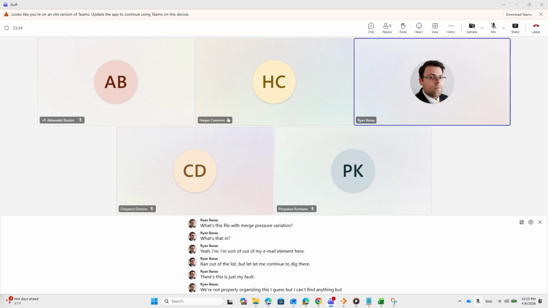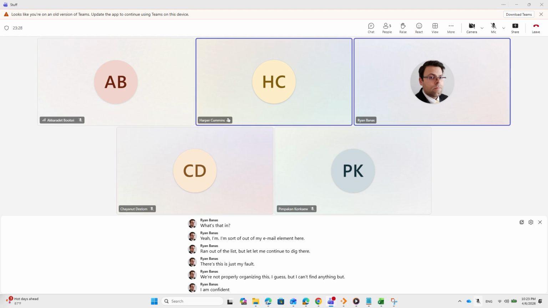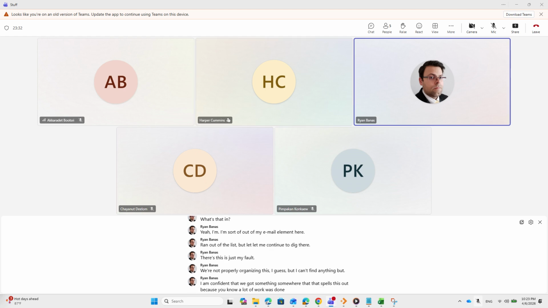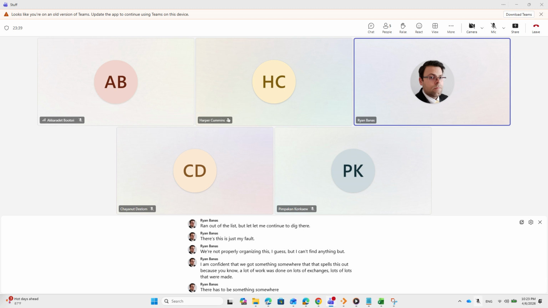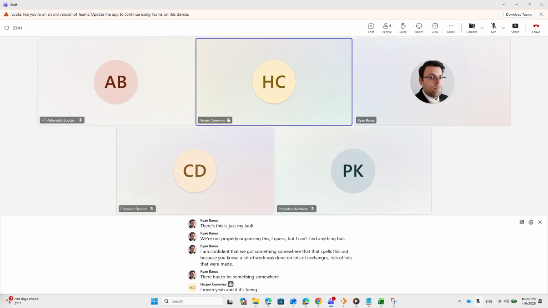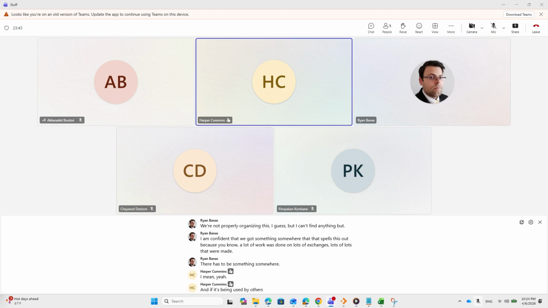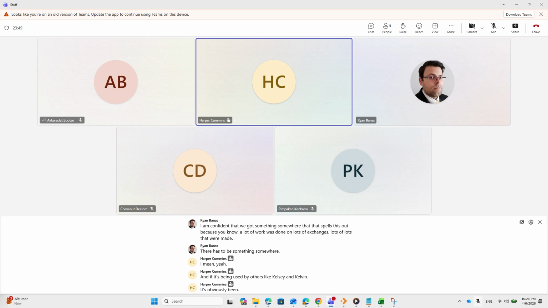I am confident that we've got something somewhere that spells this out, because a lot of work was done on it, lots of exchanges, lots of plots that were made. There has to be something somewhere. And if it's being used by others like Kelsey and Calvin, it's obviously been passed along.